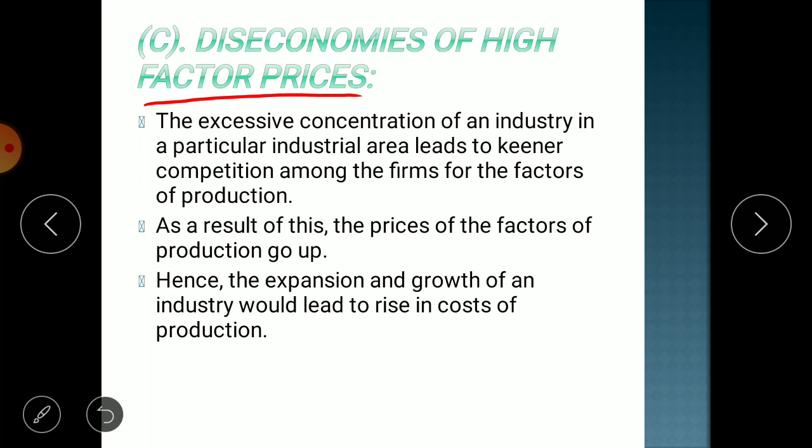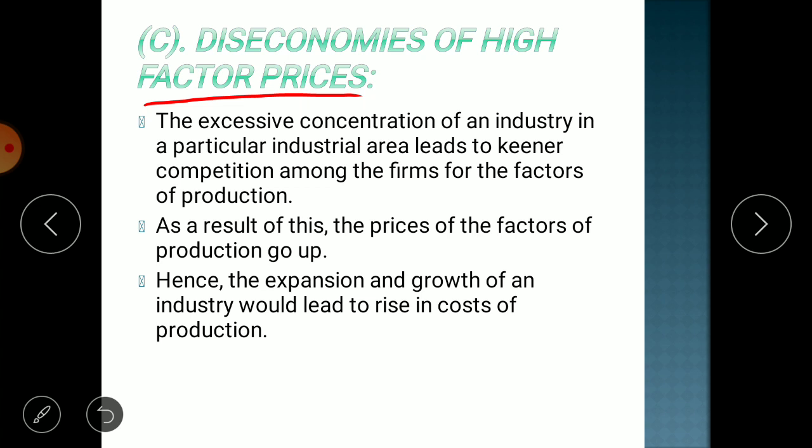But if you keep on increasing your business size, then the level of activities will increase, and the size of the business will expand, which may be beyond the mental and physical capacity of your entrepreneur. And he may become inefficient in handling the business affairs, which may increase your cost of production.